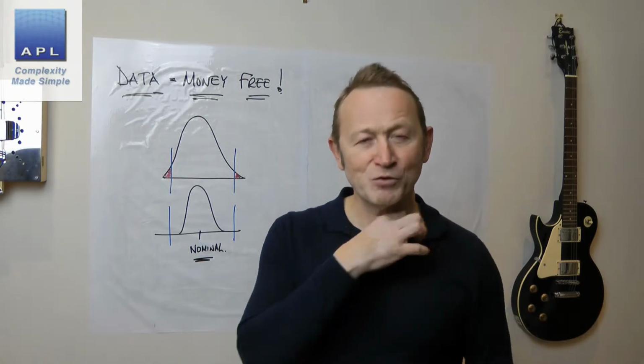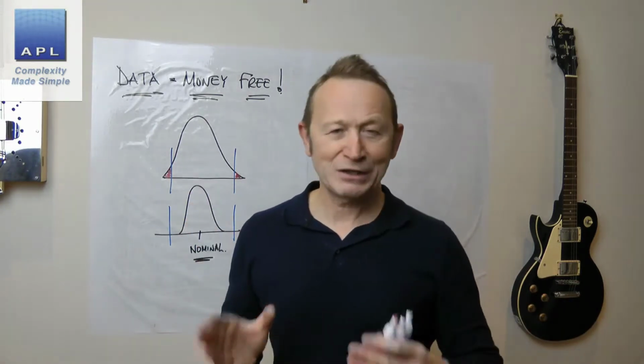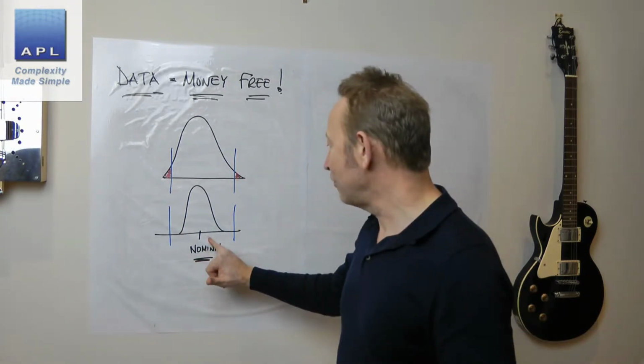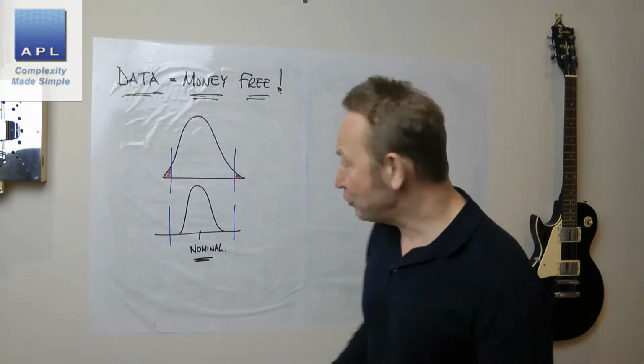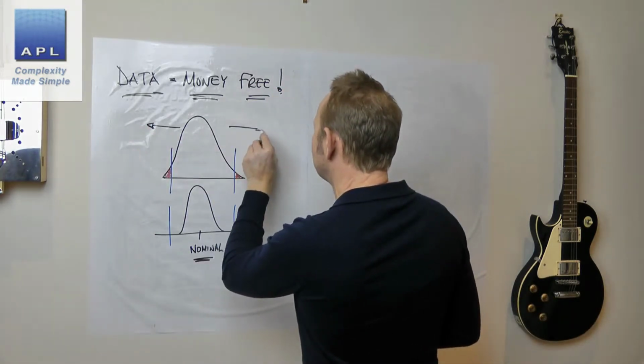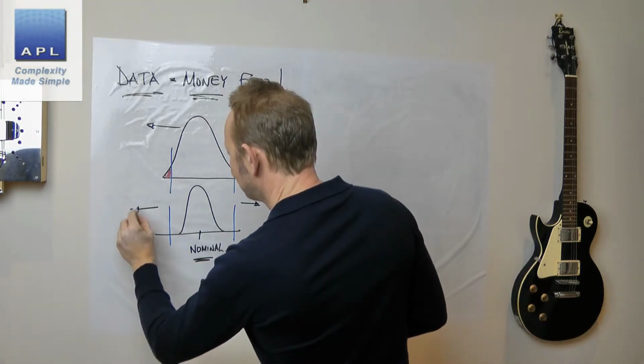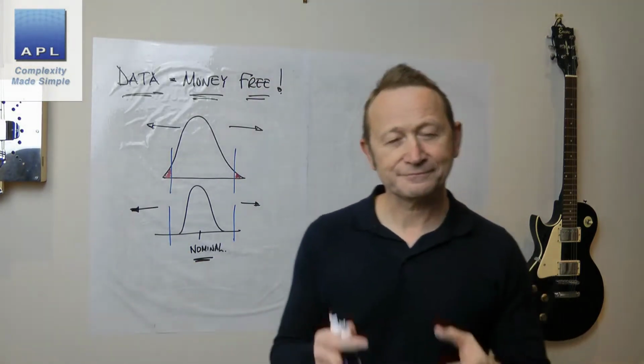And by the way, just before we start, that's as much as they can do. They are only responsible for the middle. They only have dials. Think about this. They only have dials on their machine that move the distribution backwards and forwards.